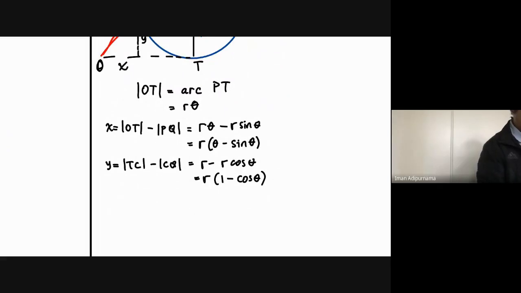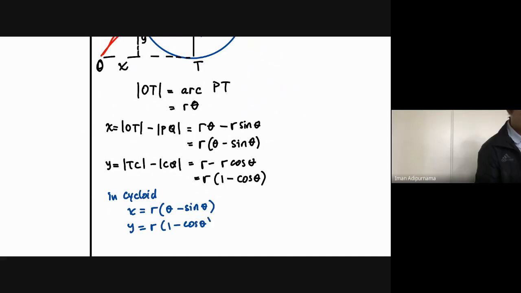So I can write generally in cycloid, we have x is r times theta minus sine theta, and y is r times 1 minus cos theta.